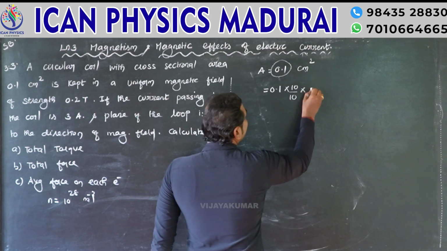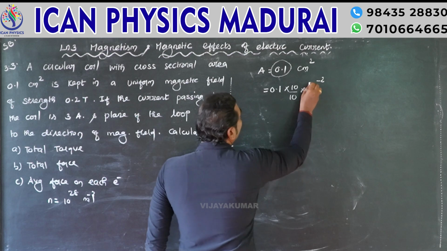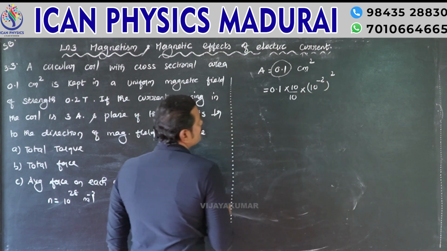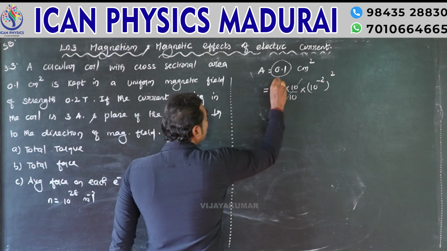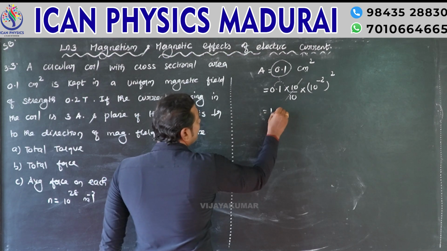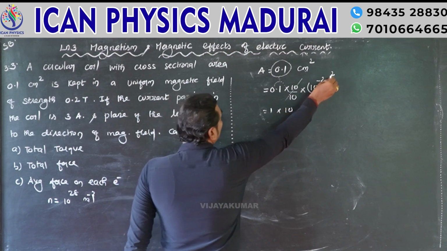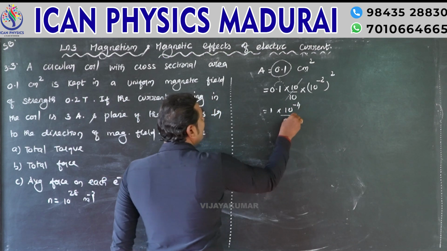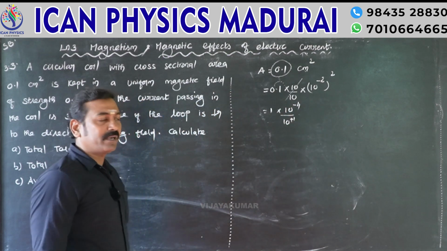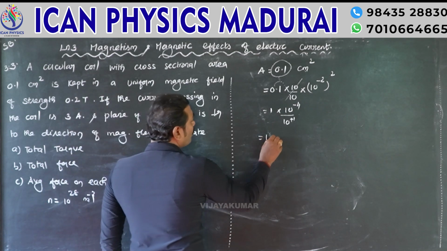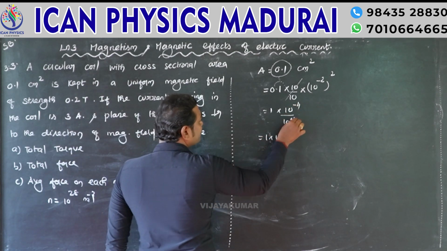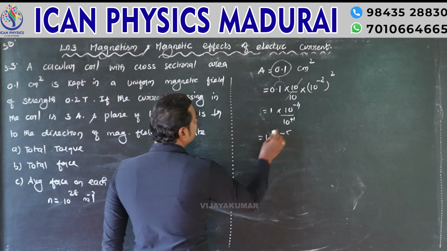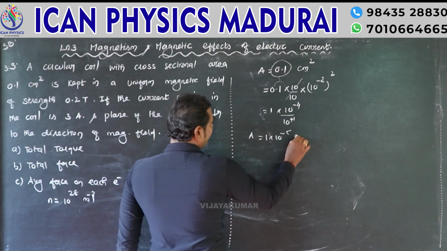To convert centimeter into meter, 10 to the power minus 2, and it is whole square. So 1 into 10 to the power 2 times 2 is 4, divided by 10. Now the plus 1 goes to the numerator as minus 1. So 1 into 10 to the power minus 4 minus 1, so minus 5. This much of area.